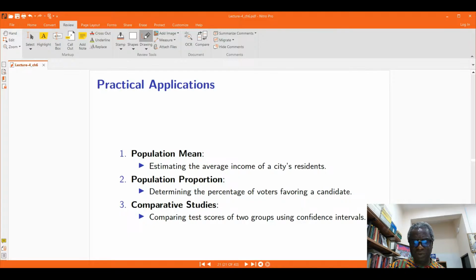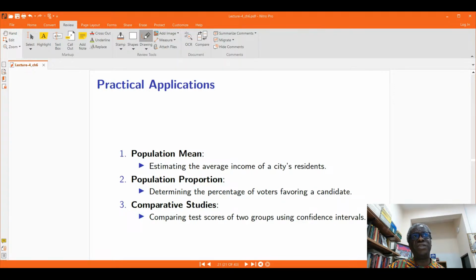Some of them you can include if you are estimating the average test score in a school, or the average income. So we are looking at practical applications now. For example, the average income of a city's residents.